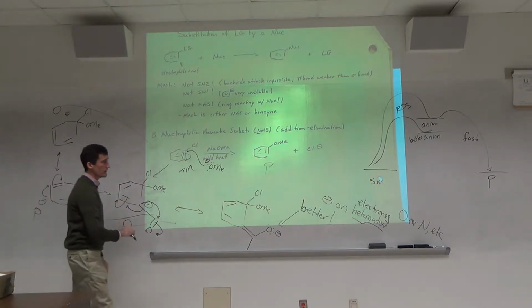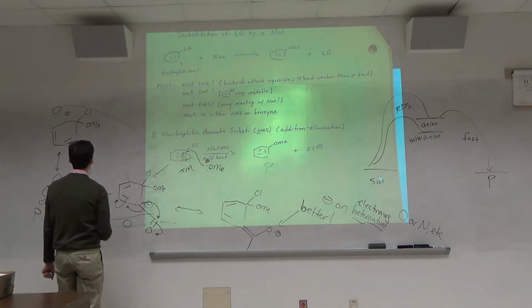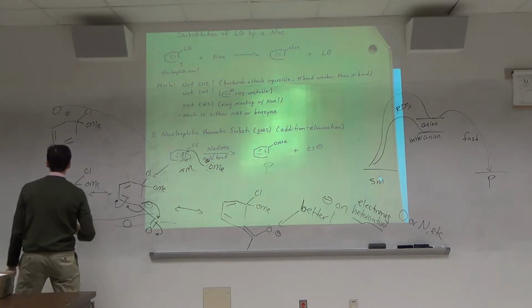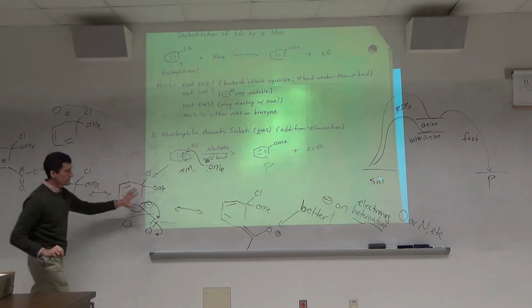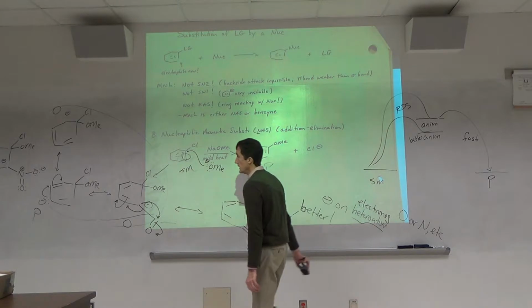What other groups will work here? Well, nitro also works. Nitro is very common. If we draw a nitro, I'll try to redo this. Boom, boom, boom, boom. The minus there. What does a nitro look like? It's a double bond O, single bond O minus, N plus. I'm going to erase here, I think, so I can move this way.